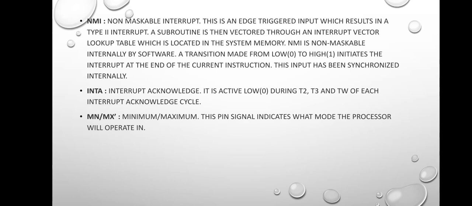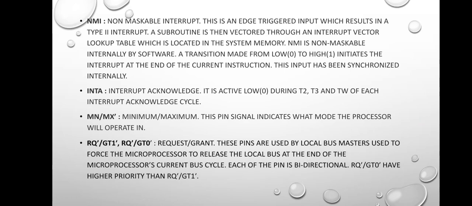We already learnt in the features of the 8086 microprocessor that it operates in two modes. The first one is maximum mode and the second one is minimum mode. So this pin indicates which mode the processor has to operate in.